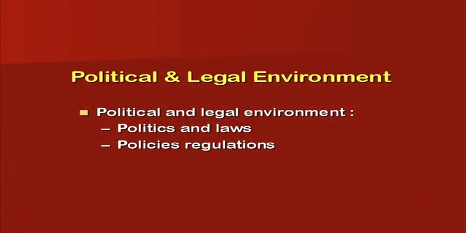Now, let us study the political and legal environment. The political and the legal environment consists of the politics and the laws, the policy regulation. The politics is basically the stability of government in any other country. The change of the government can bring a change in the policies.